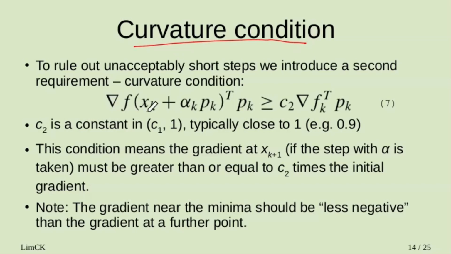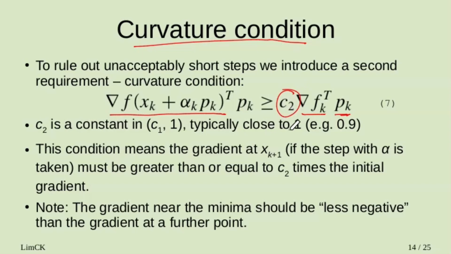What it means here is that the gradient of the new point, when its product with the direction is taken, should be larger than the gradient of the current point product with the direction, times a constant C2.